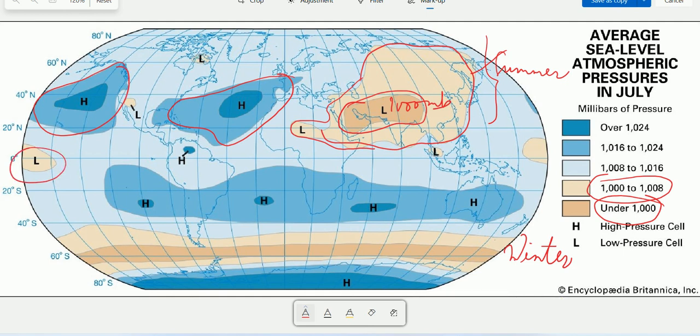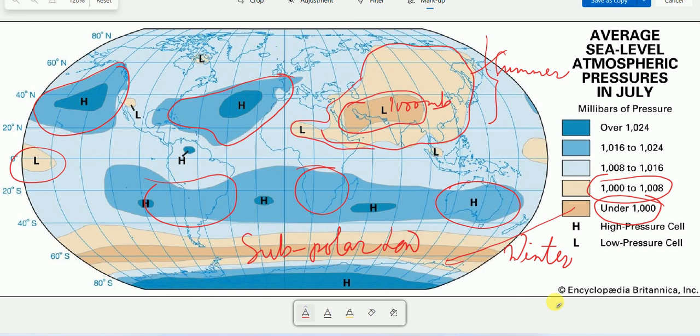And in the southern hemisphere we find high pressure over these continents. And here this is what we call subpolar low, and here the low pressure is under 1000.